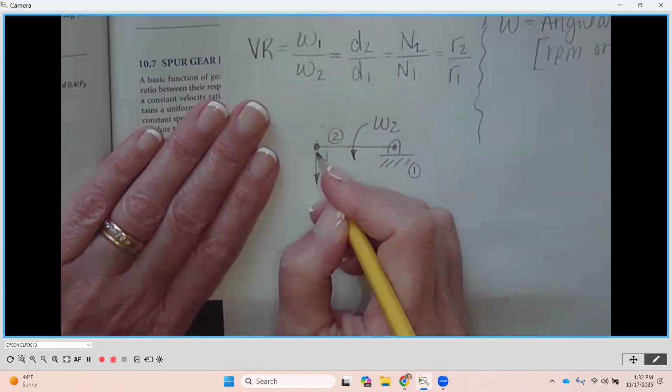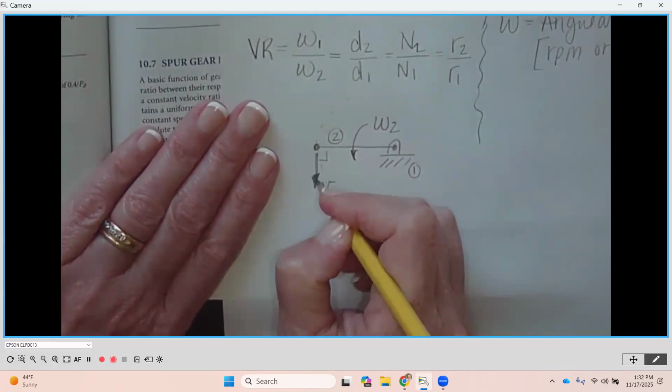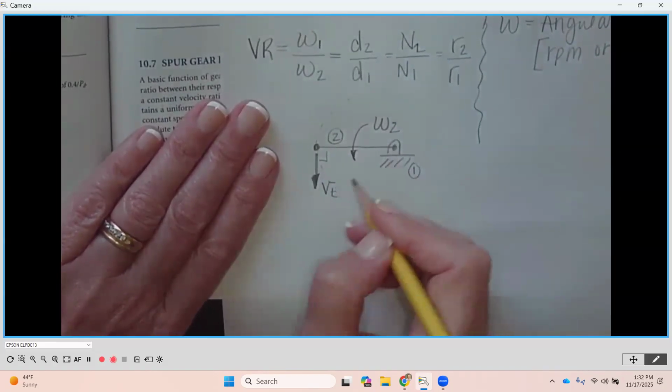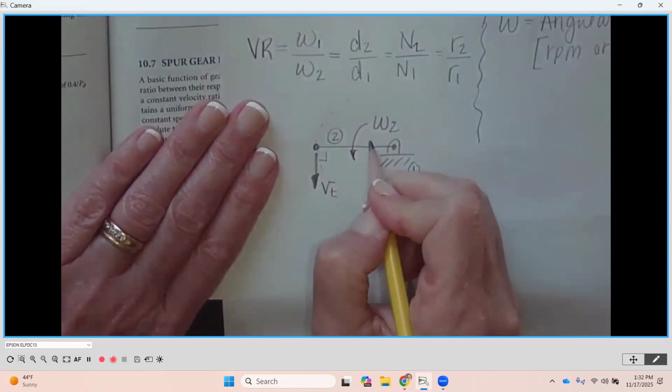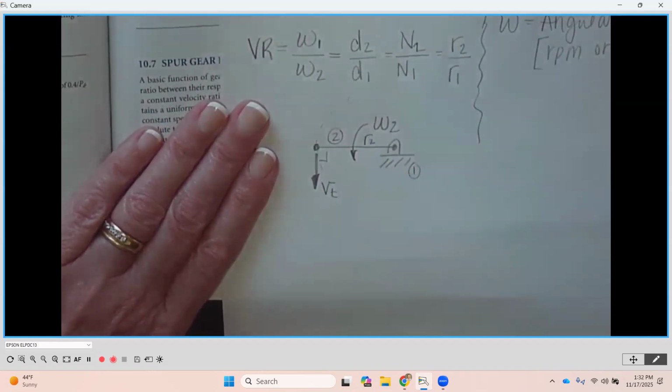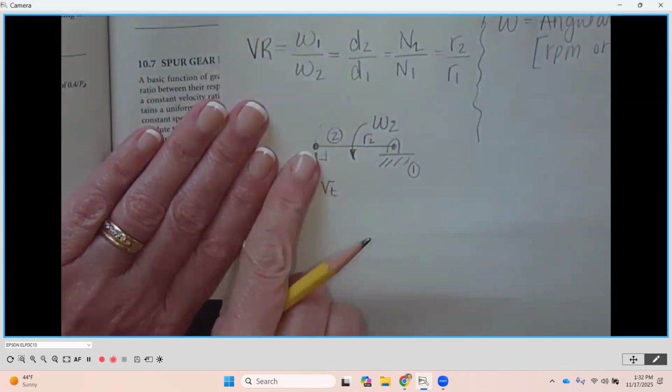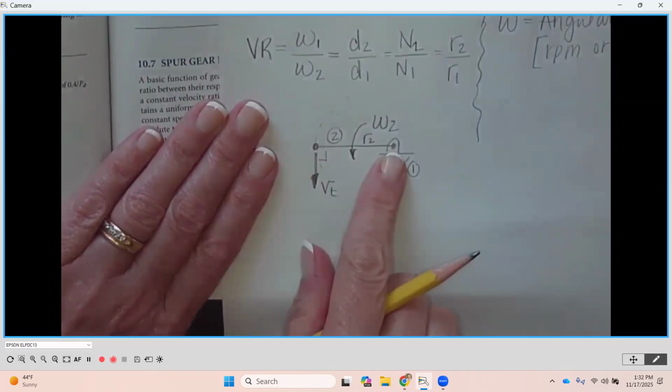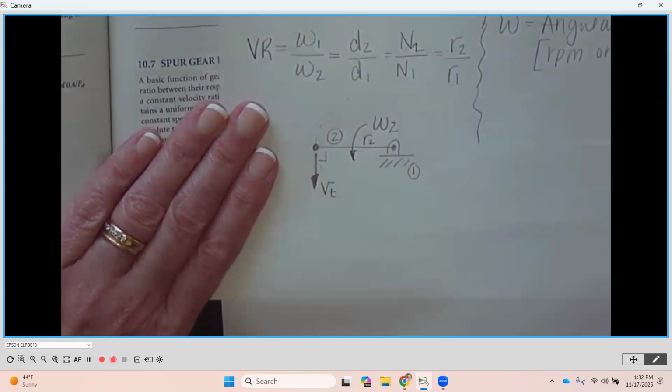So it's going to be 90 degrees, just like in Module 4. Now, this relationship here is going to be dependent on how far away the end point is from the center of rotation.